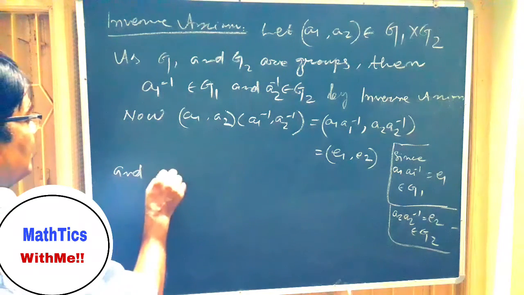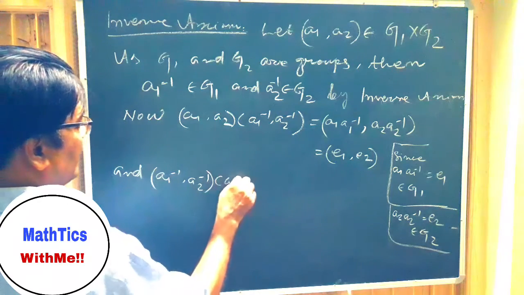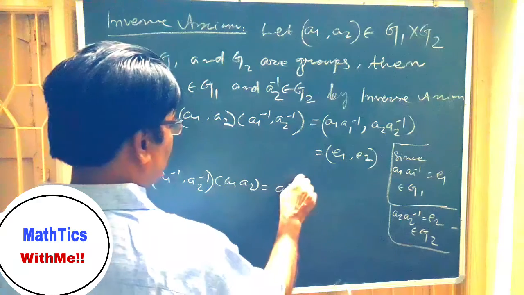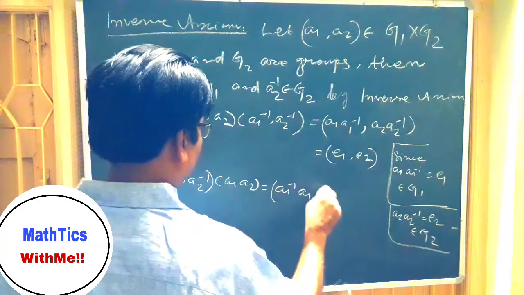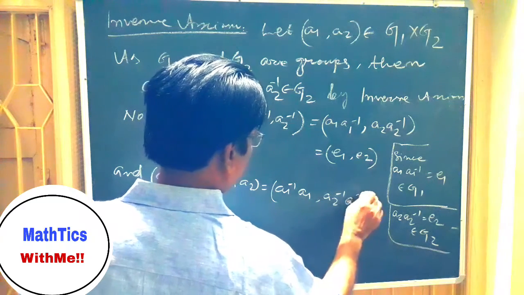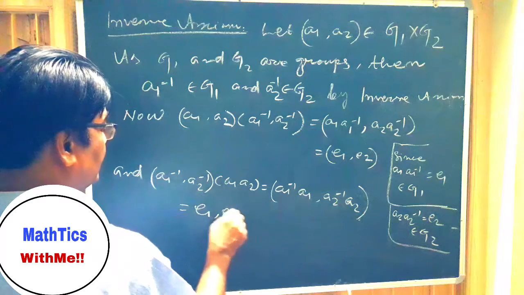And (a1 inverse, a2 inverse)(a1, a2) is equal to (a1 inverse a1, a2 inverse a2), which is (e1, e2).